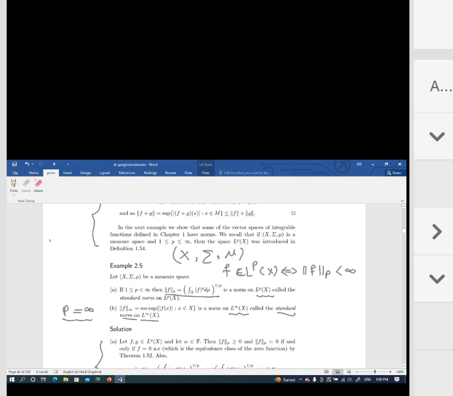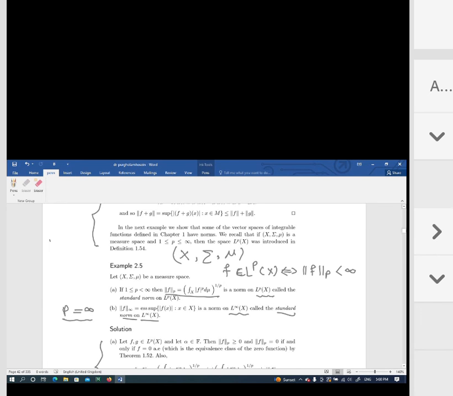If p equals infinity, the norm of f in L infinity is the essential supremum of the absolute value of f(x) over all x. This is the standard norm on L infinity(X).